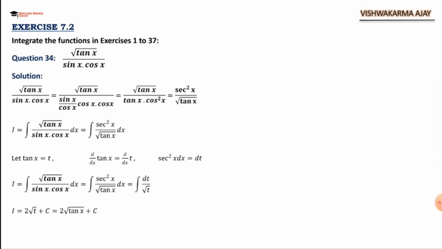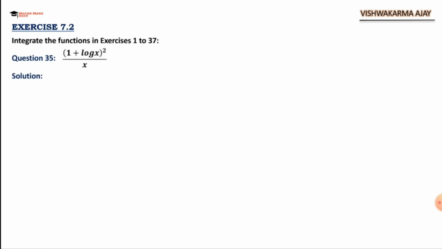Let's move to the next one. 1 plus log x the whole square upon x. In this question, you will be substituting 1 plus log x as t. Let us write here 1 plus log of x is equal to t.